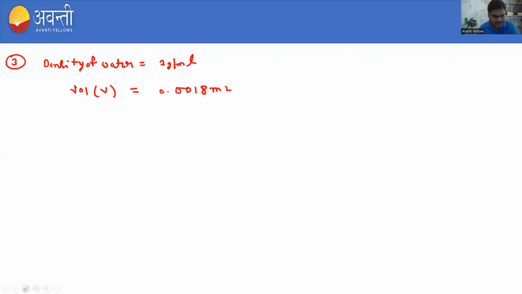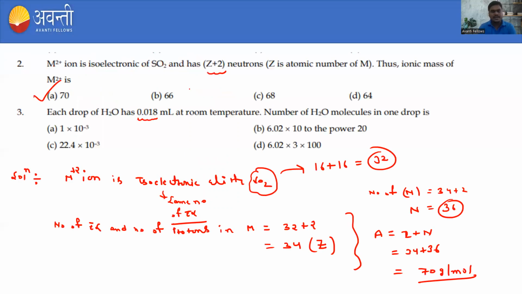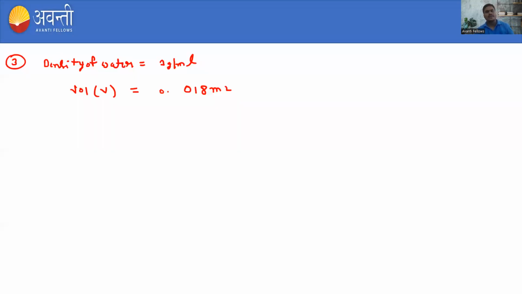So 0.018 ml is already given, so this is the volume.